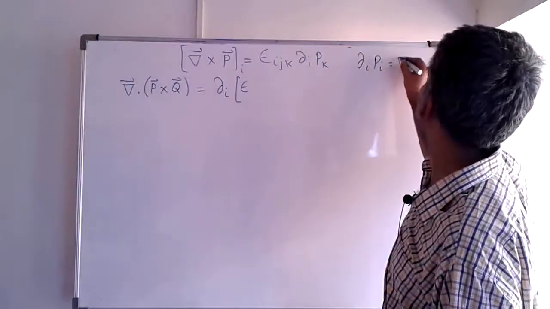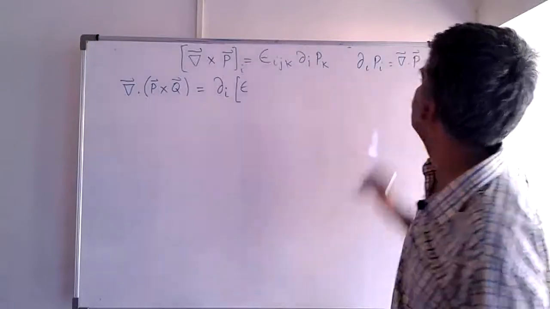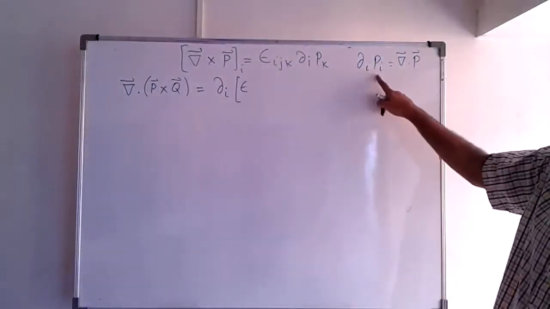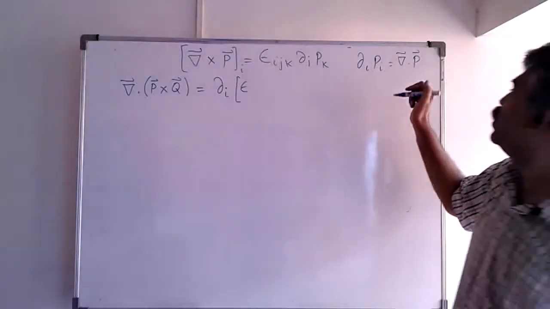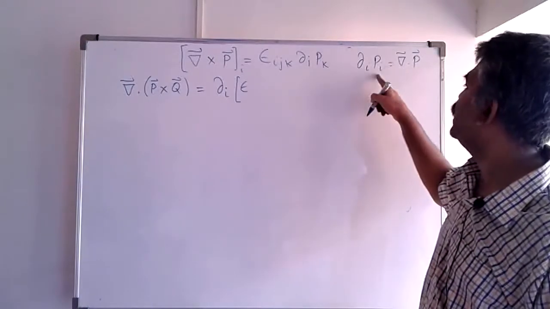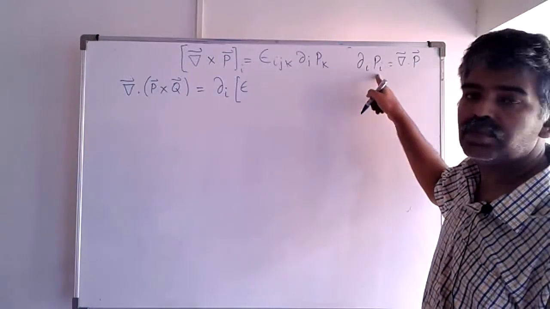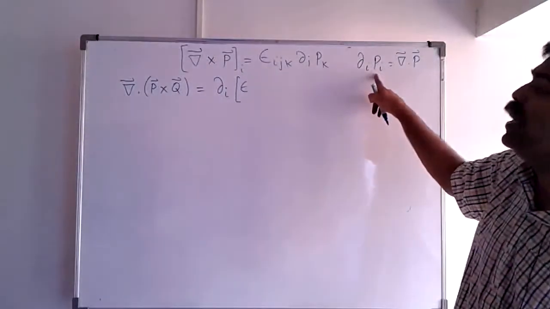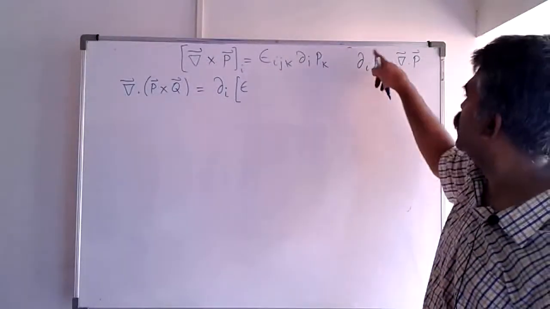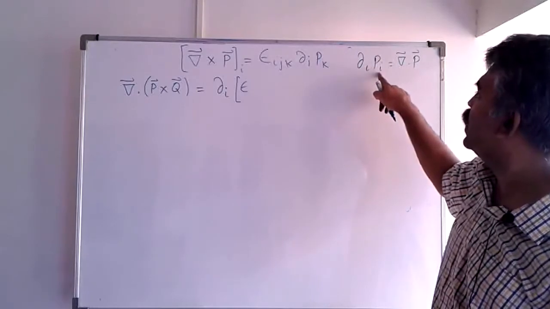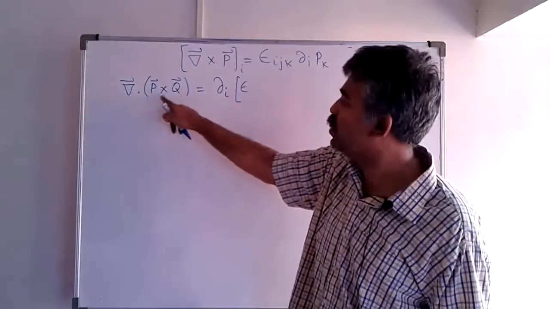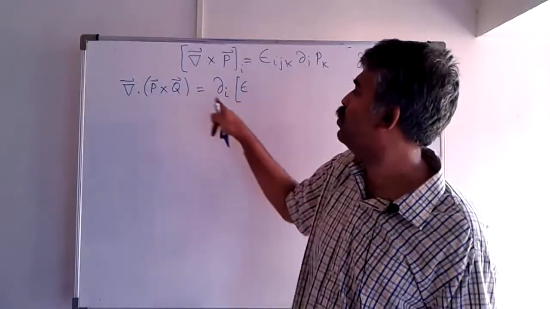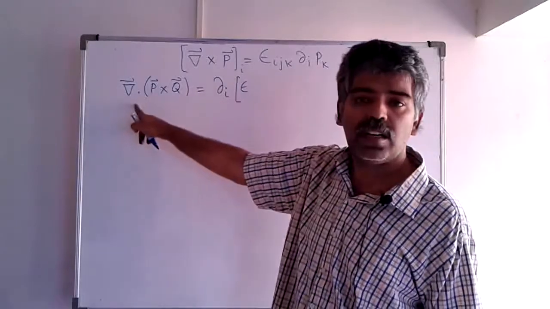This is basically del dot p, right? So think of this as a vector. P cross Q is as if P. So this has a free index i, which is dotted with del i to give a divergence.